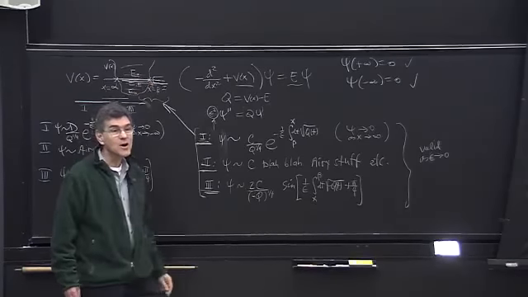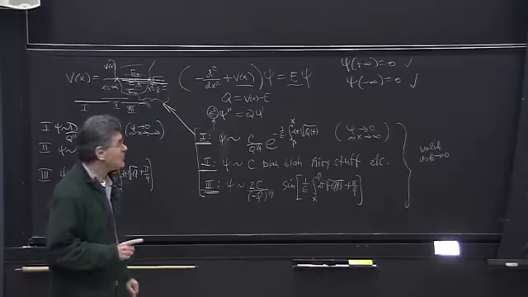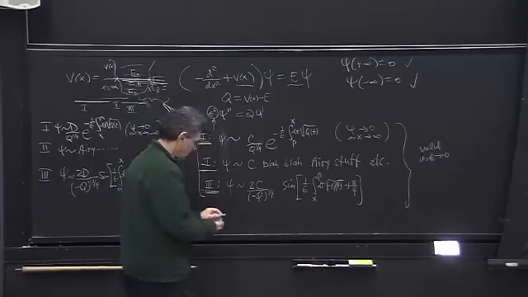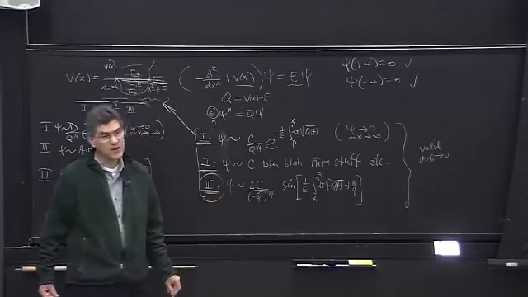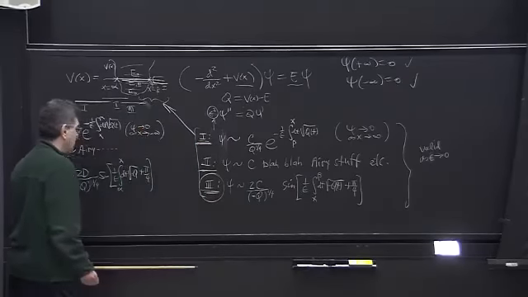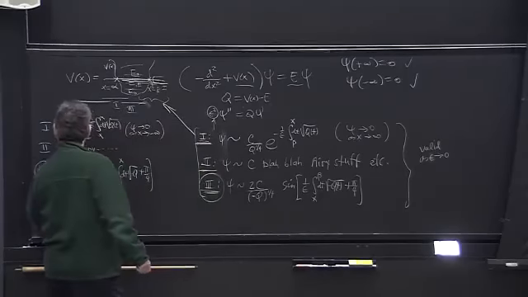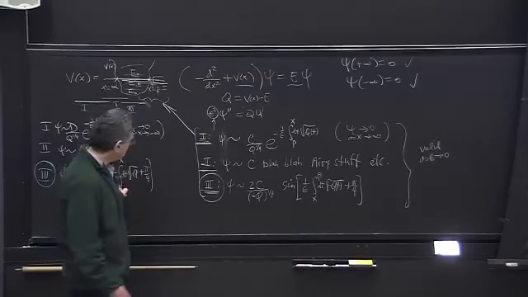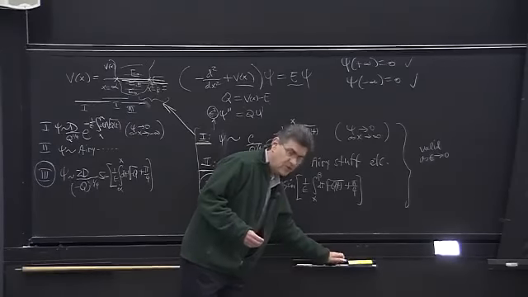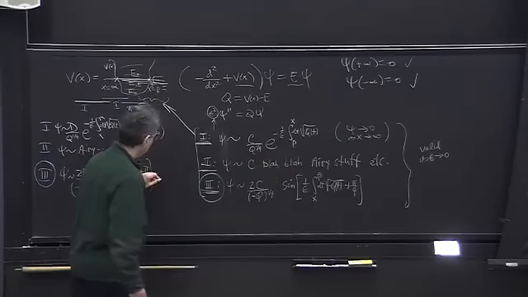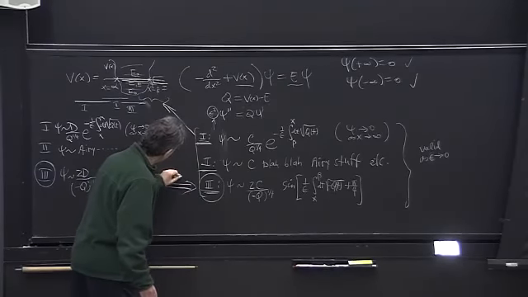So now we're going to match together this asymptotic approximation, this one right here, in the classically allowed region, with this one right here, in the classically allowed region. These have to be the same, okay? If there's any sense to what we're doing, this is representing the same function. These guys have to be the same.